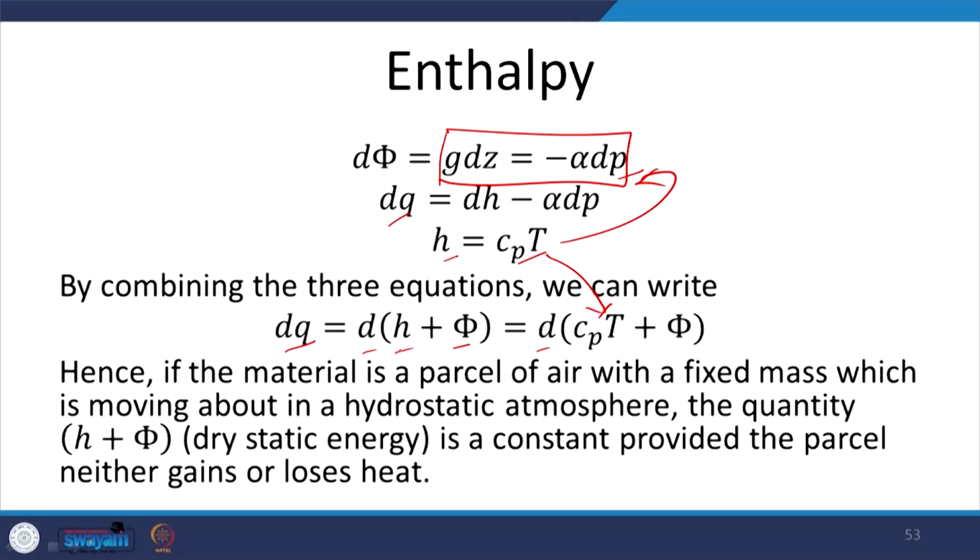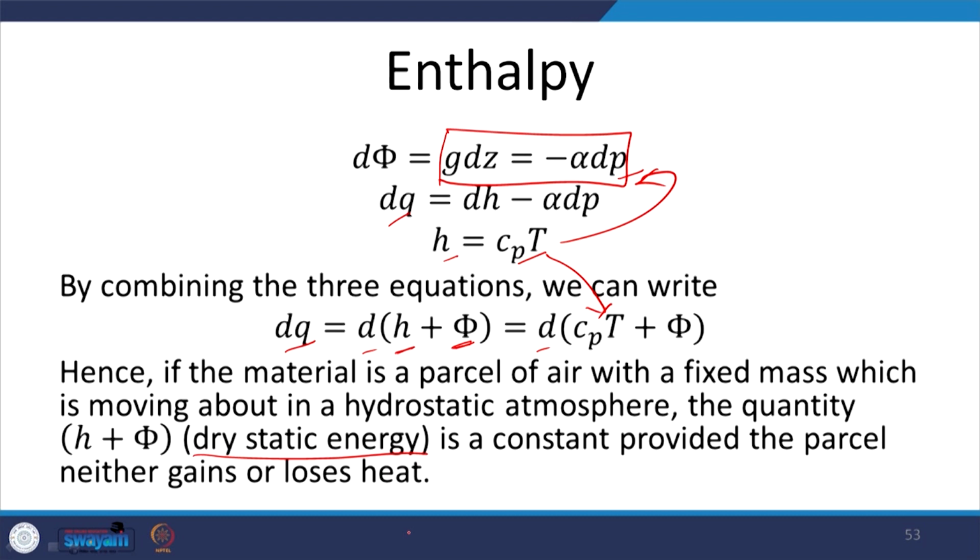Hence, if the material is conserved, the quantity H plus phi, this quantity enthalpy plus the geopotential, is generally referred to as the dry static energy. This is called the dry static energy. This is a constant provided the parcel neither gains nor loses heat, right.